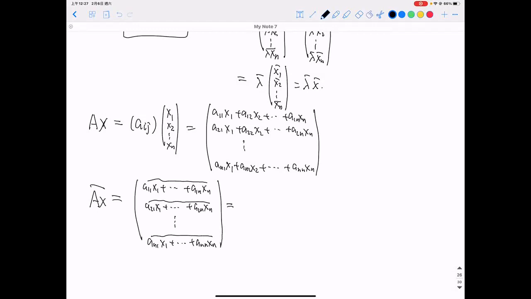Now you can split the bar according to the property that we discussed about complex conjugation. You take the complex conjugate on the terms separately and then assemble them.